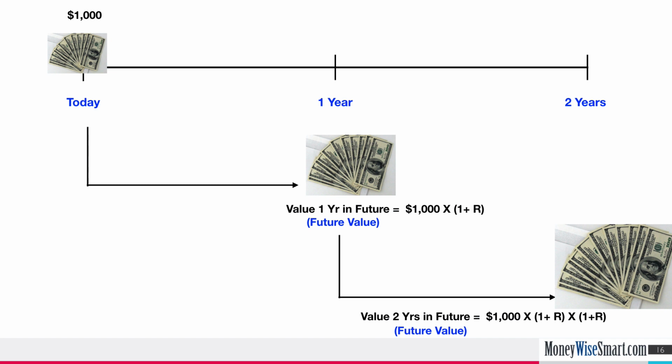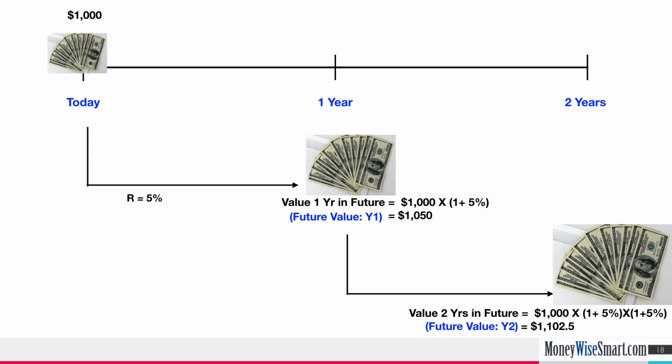So if you put $1,000 in a bank account, if the interest rate is 5%, then the value becomes 1,000 multiplied by 1.05, which is $1,050. So similarly, the value of the same amount of money 2 years from today becomes 1,000 multiplied by 1 plus R multiplied by 1 plus R.